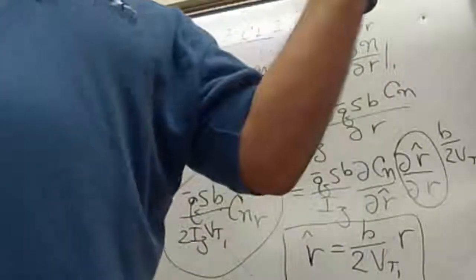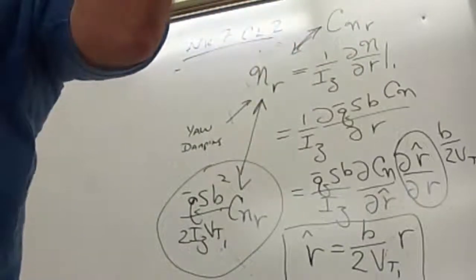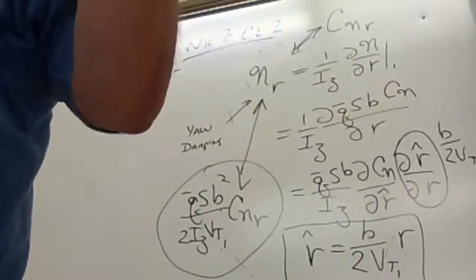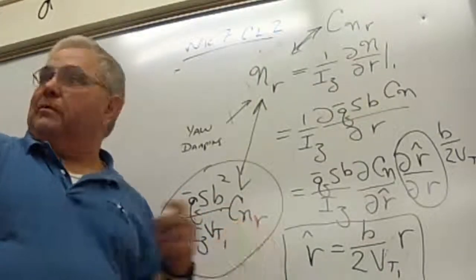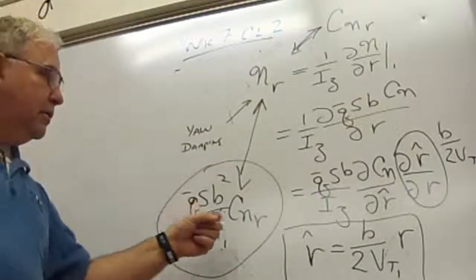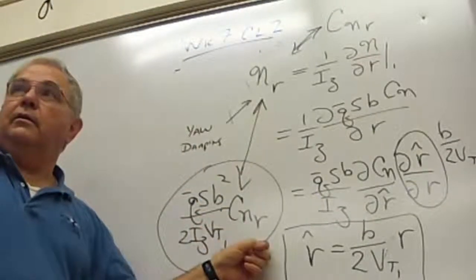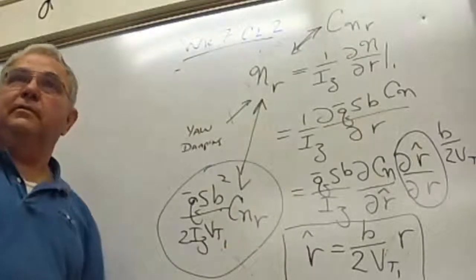He won't tell you that. He's going to give you CNR, but you're going to know from the secret handshake it's CNR hat. If it's CNR, then this is going to have units on it. Make sense? Okay, so you have to remember that this is R hat, not R. That's the secret handshake. Okay, ready? See you.